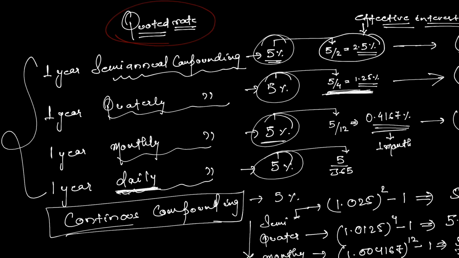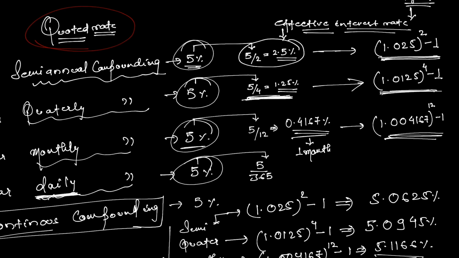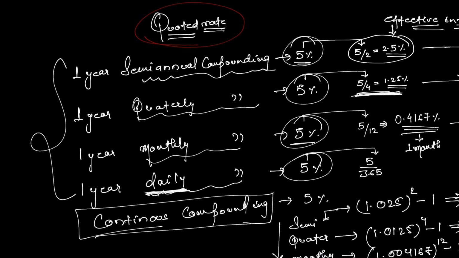If you have to find the implicit effective rate in the quoted rate, you first of all see what compounding is given. If it is semi-annual compounding, you divide by 2, you get the effective interest rate of 6 months. If quarterly compounding, you divide by 4, you get the effective interest rate of 1 quarter.